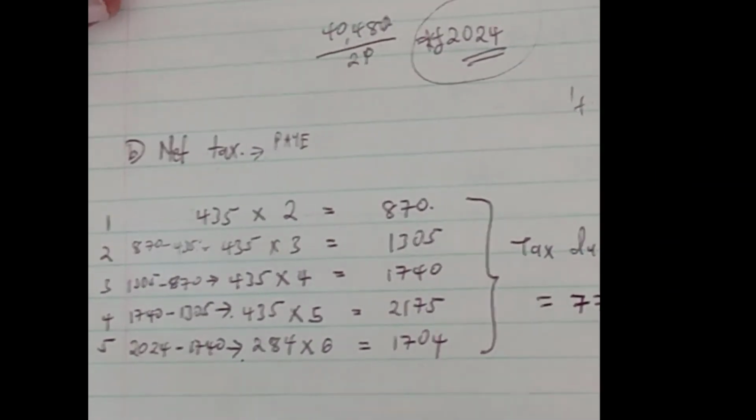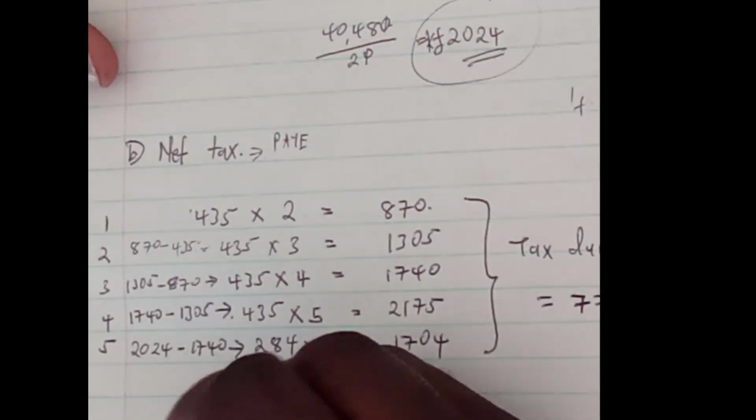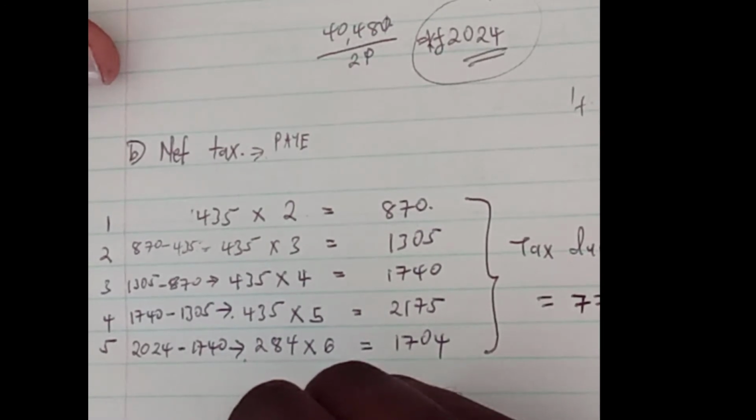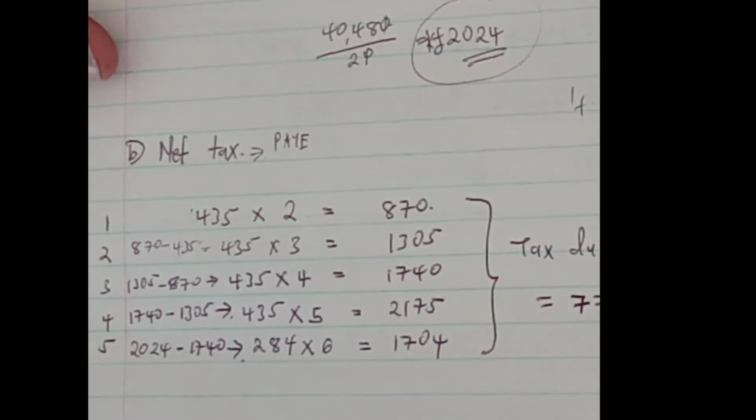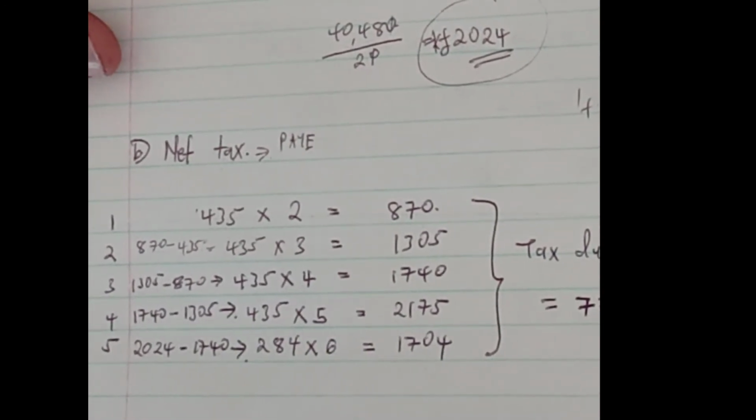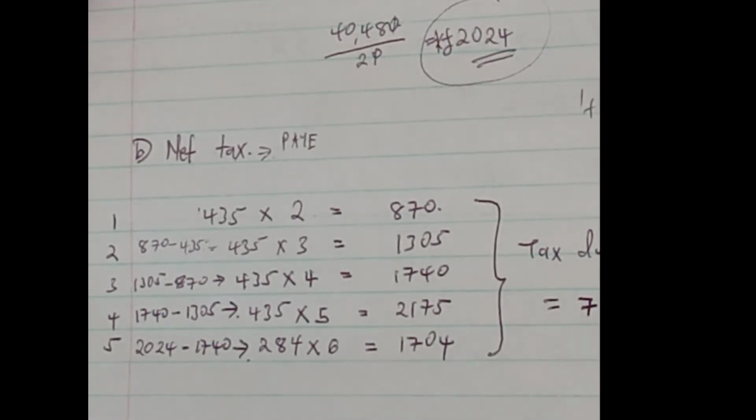But remember, the question stated that the employee is entitled to what we call a tax relief. And I said a relief is an incentive made by the government to lower the amount of tax they levy on you.